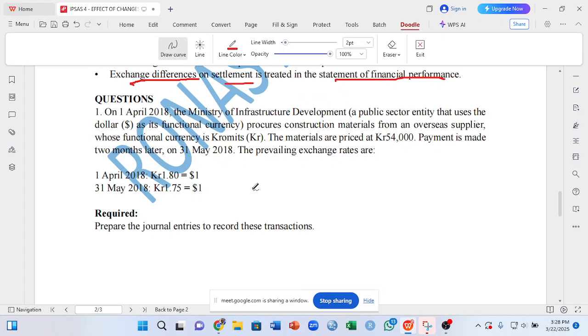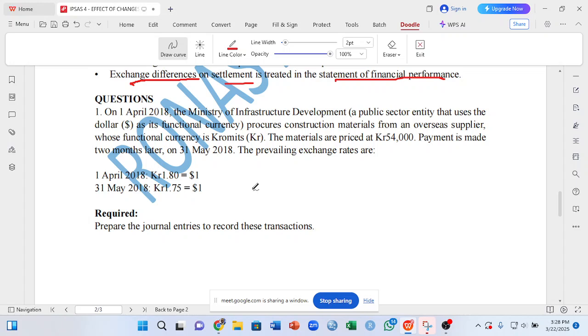On 1st April 2018, the Ministry of Infrastructure Development, a public sector entity that uses the dollar as its functional currency, procures construction materials from an overseas supplier whose functional currency is chromate.